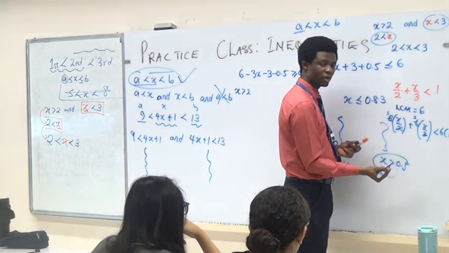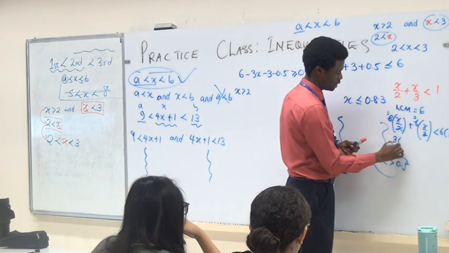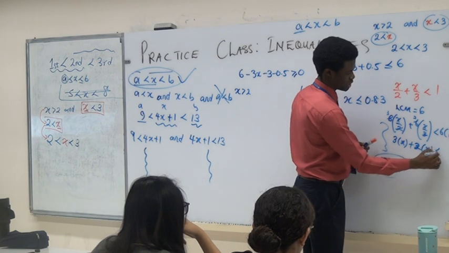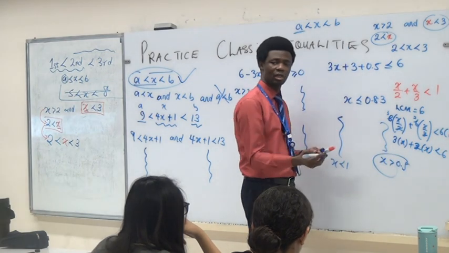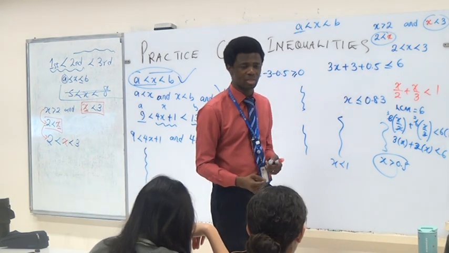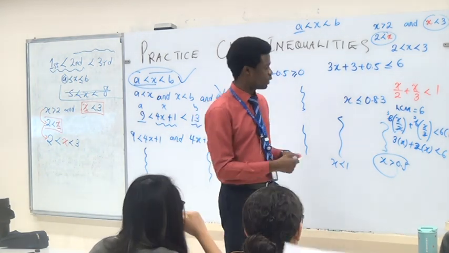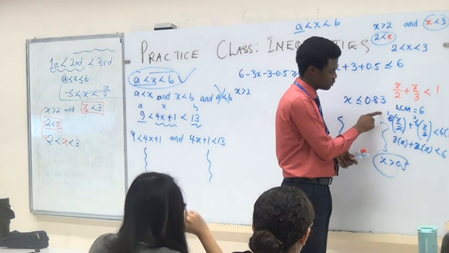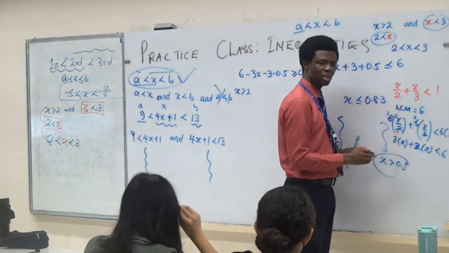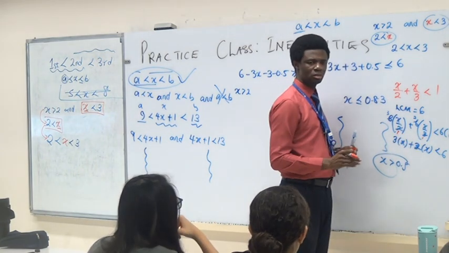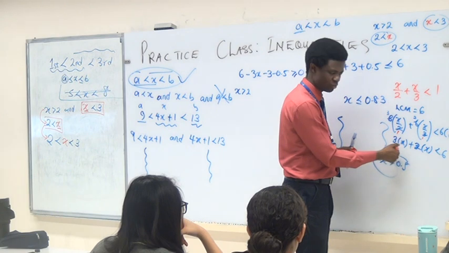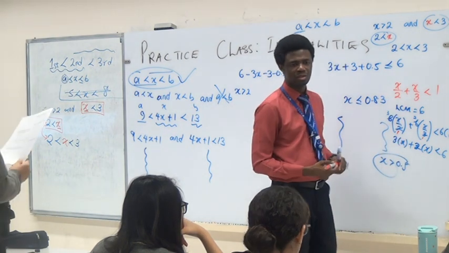And this is how you deal with a fraction. So you are left with 3x, 2x, less than 6. Multiply each term by the LCM. At the end of the day, we don't want anything at the bottom. Whatever you multiply, you must leave only 1 at the bottom. Only 1. Not even negative 1. Only plus 1 at the bottom. And that is how the denominator disappears.